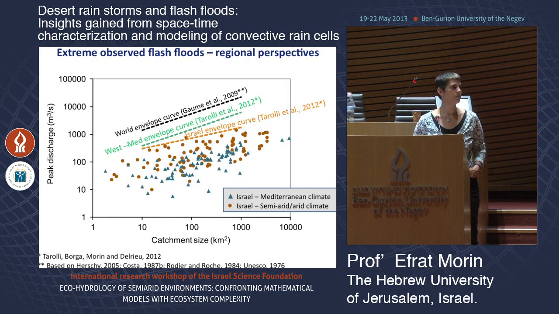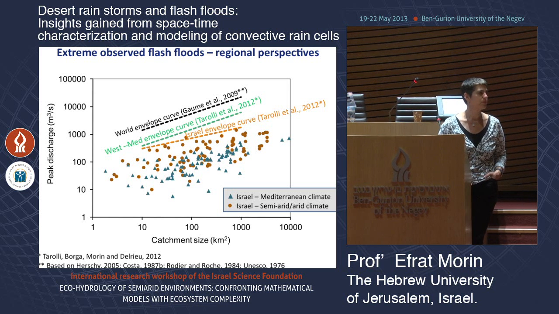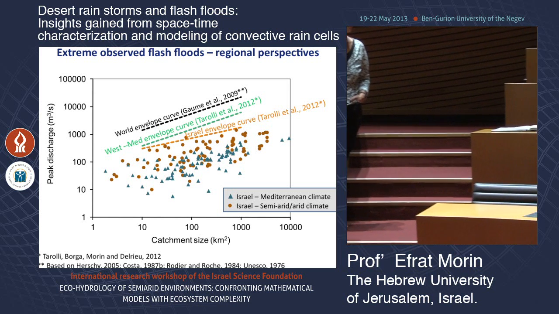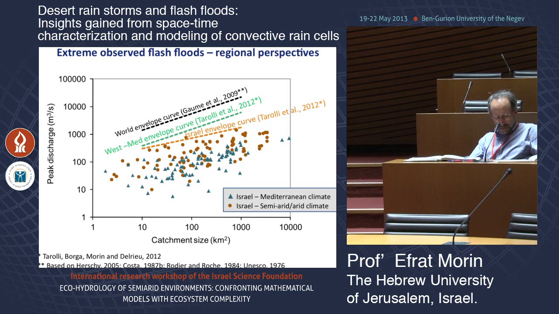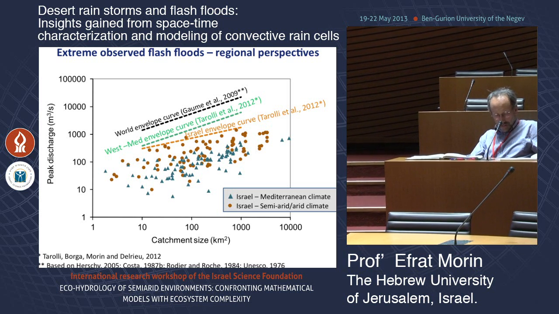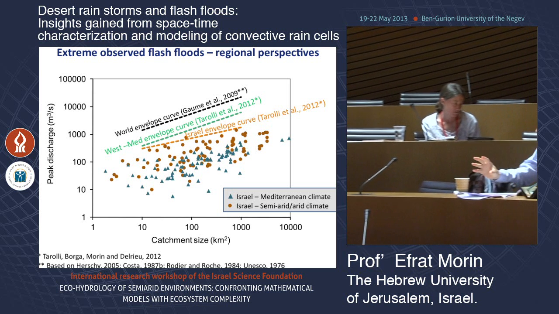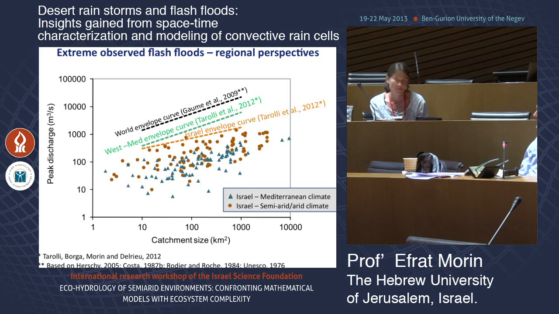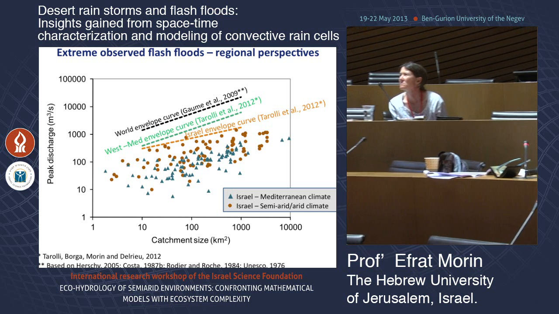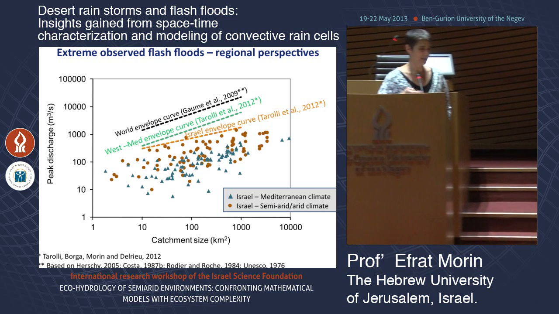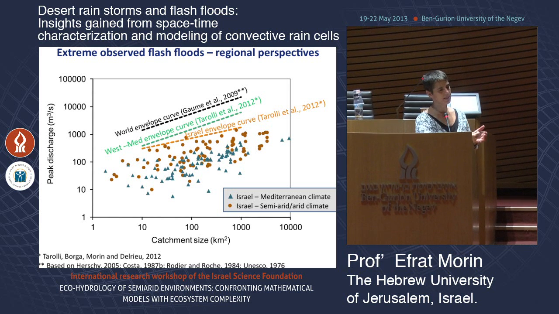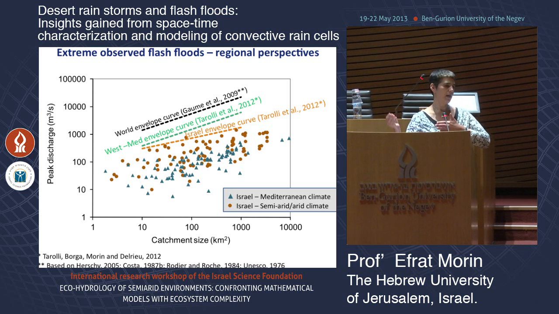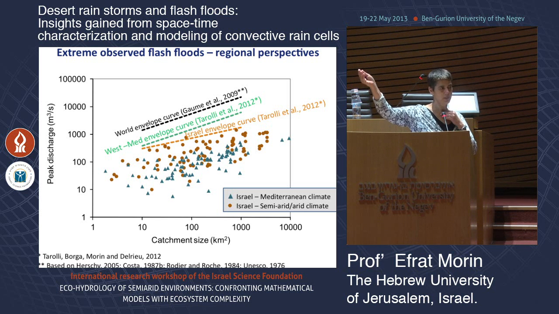More questions? Yes, please. So I was wondering, these two radars that cover Israel, what is the pixel size on the radar, and what does that actually mean for rain on the ground? Because obviously for your storm it's a lot of water, but it's the rain on the ground. Okay, these are C-band radars, and the pixel size depends on the distance. At this distance it will probably already be 3 square kilometers or something like this, quite large.